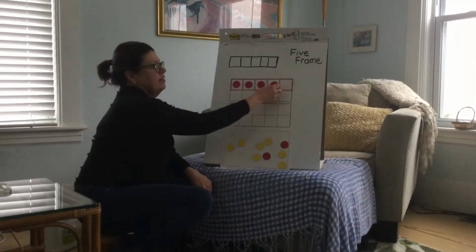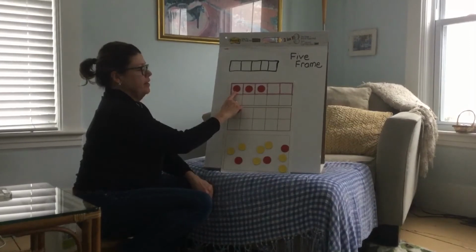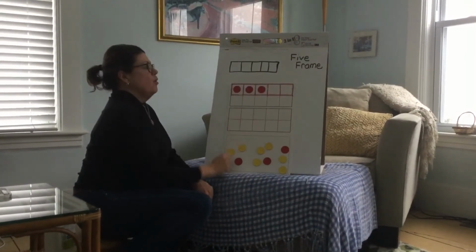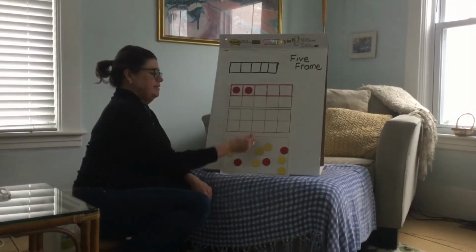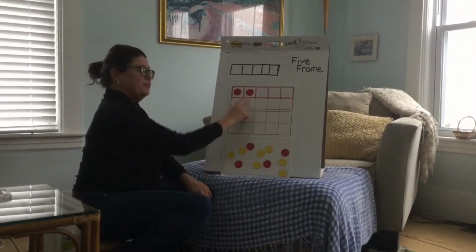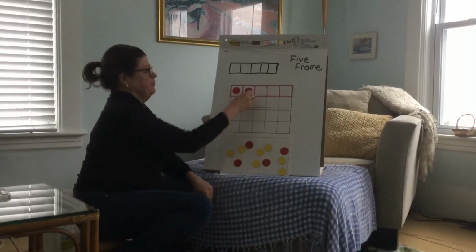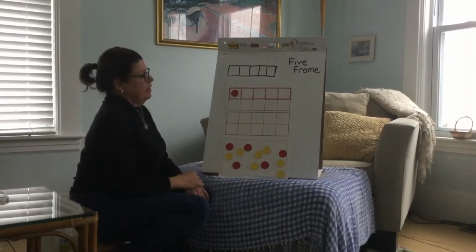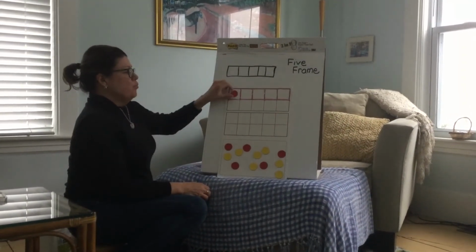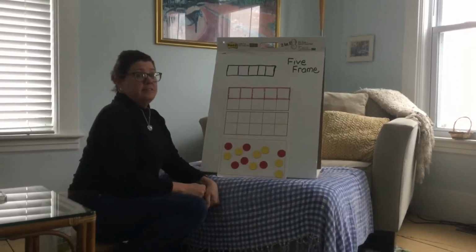What's one less than 4? 1, 2, 3. What's one less than 3? 1, 2. What's one less than 2? That's right, 1. What's one less than 1? 0.